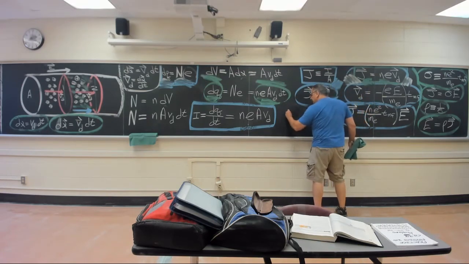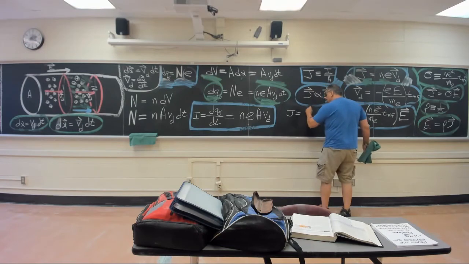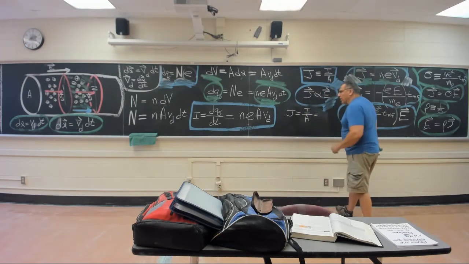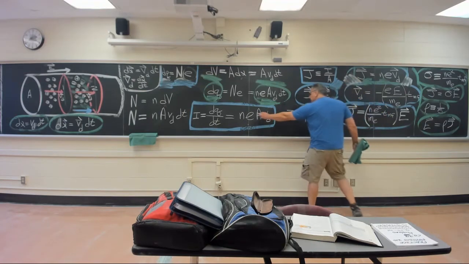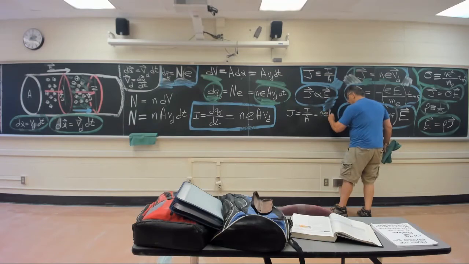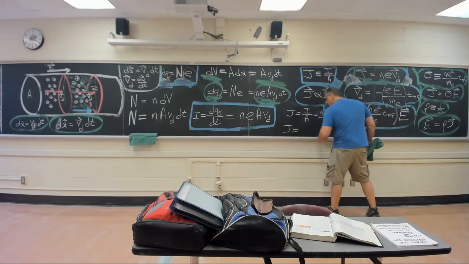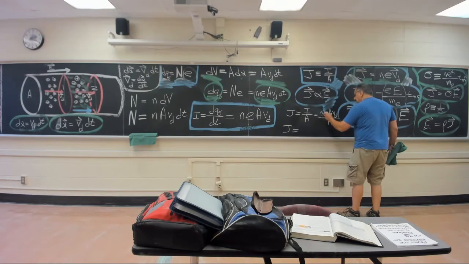Let's take J in terms of magnitude, and J is going to be I divided by A, current divided by A, which is this right here, N E A V sub D divided by A. That's I divided by A. That's NE.